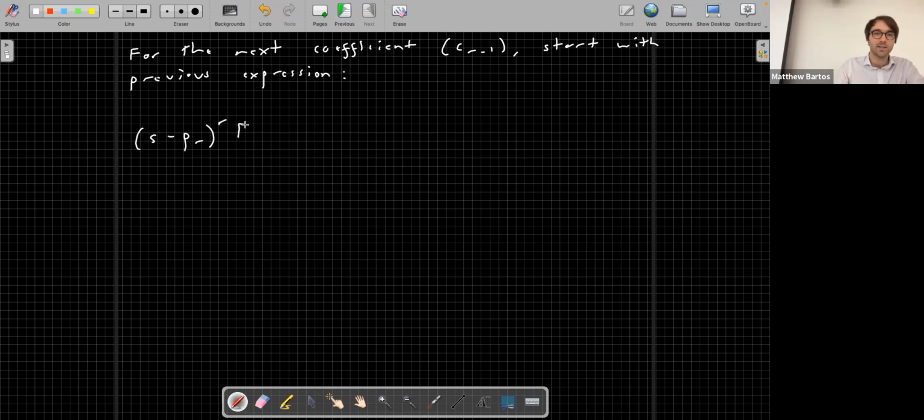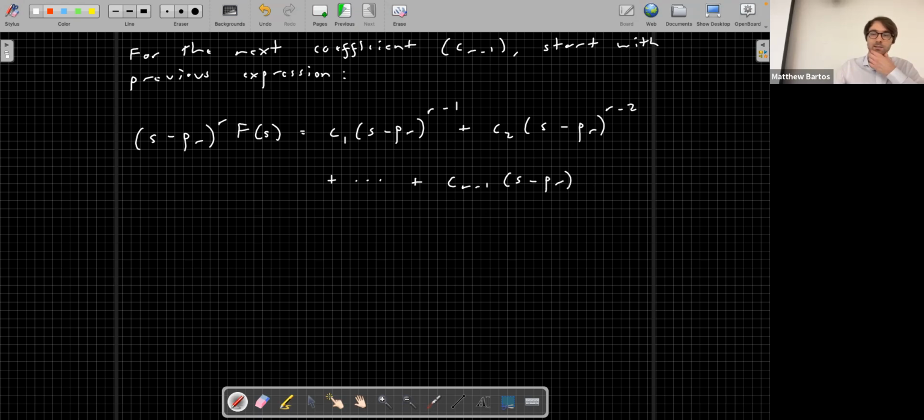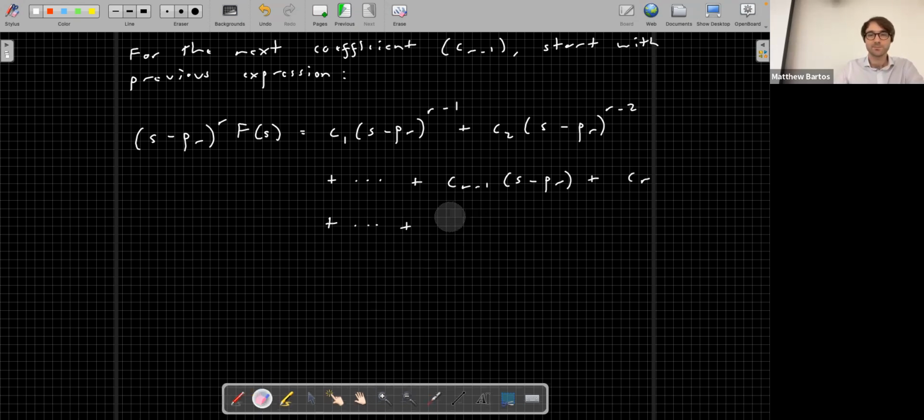to the rth power times F of s is equal to C1 times (s minus pR) to the (R minus 1)th power plus C2 (s minus pR) to the (R minus 2)th power, and so on, all the way to C(R minus 1) times (s minus pR) plus CR, plus dot dot dot, all the way to all of the other roots that are not repeated.